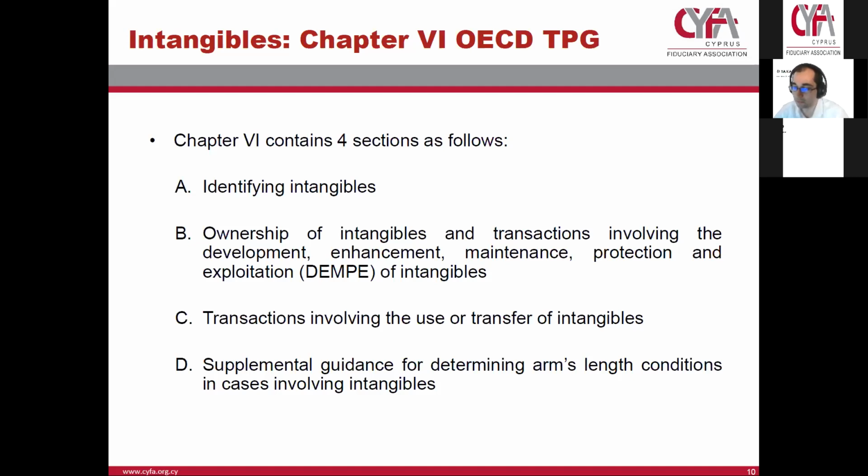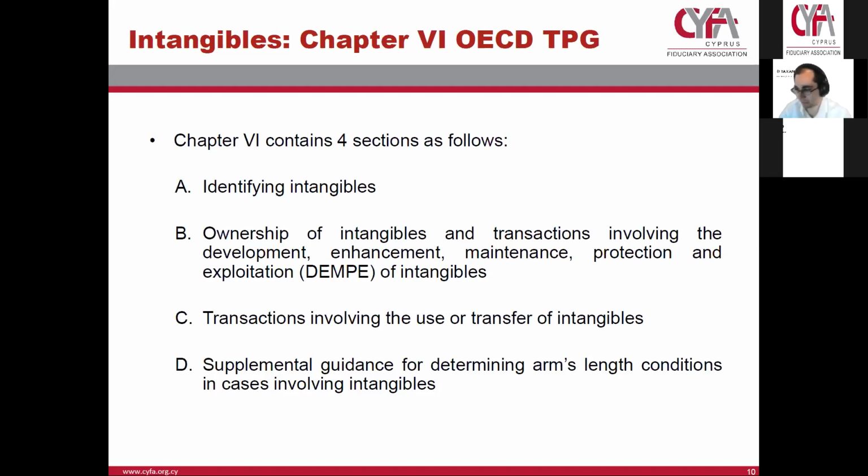And so most of the revenues will be attributable to the entities that perform the DEMPI functions. And what are the DEMPI functions? It's really just a generic expression that refers to the key, most important functions performed. And this is about decision-making capabilities and actually exercising control over the decisions in relation to the intangibles.